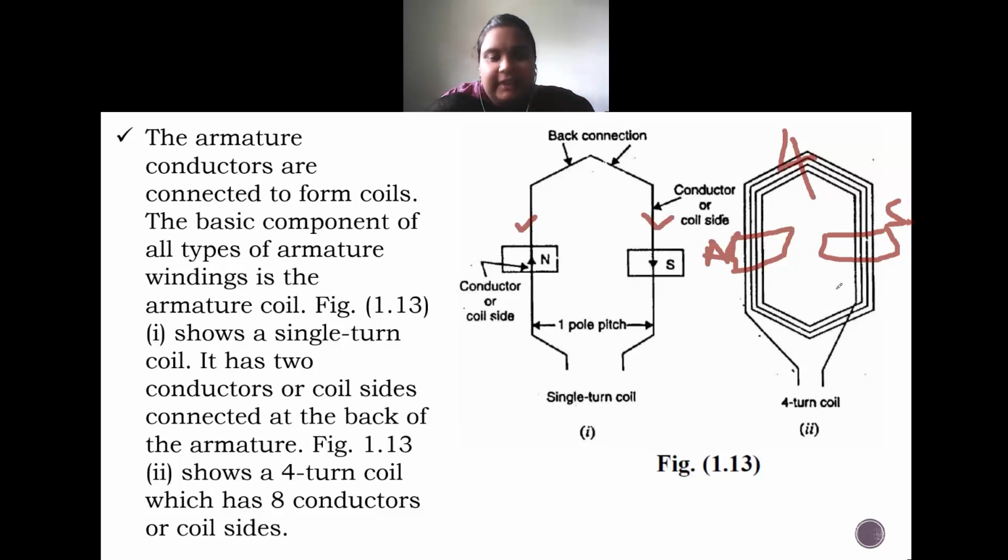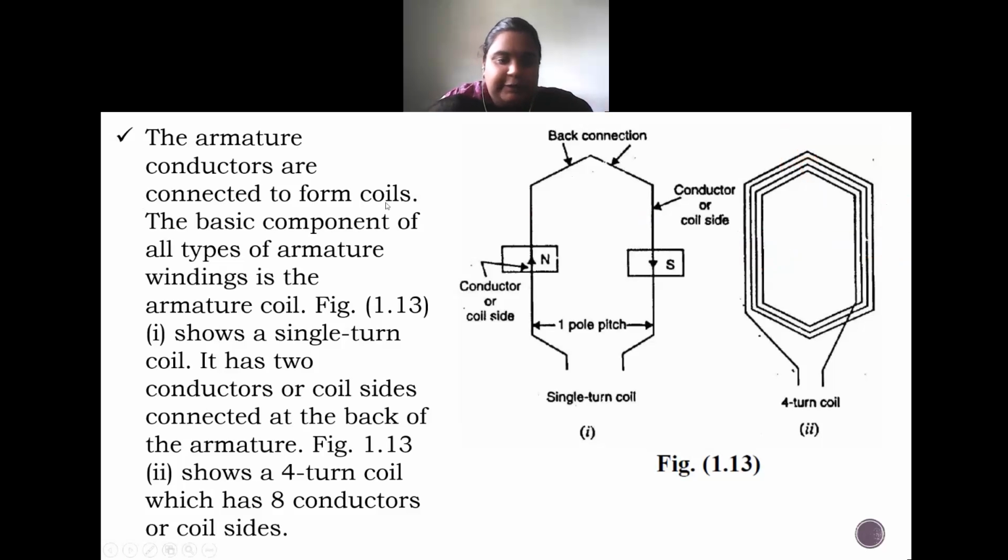This is just an example. Like this, it can have any number of turns, not only 4 turns, it can have 5 turns, 6 turns, 7 turns, any number of turns. The only thing is you need to understand how many conductors are present in this 4-turn coil. That is, a 4-turn coil has 4 into 2, 8 conductors: 4 conductors under the north pole and 4 conductors under the south pole. This is what we need to remember.